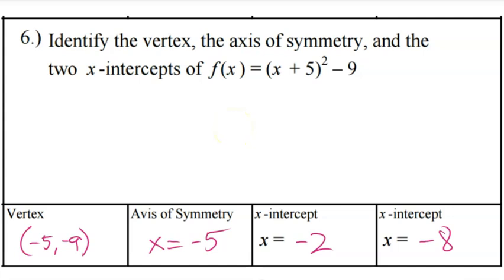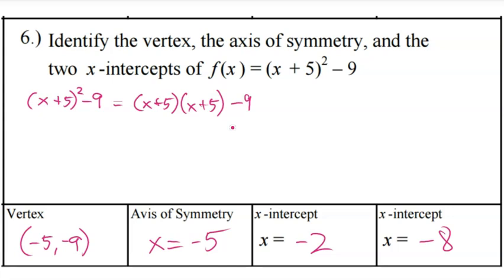Okay, now another way that we can do this is we can expand the vertex form. So we'll take our x plus 5 squared minus 9, and that's going to be equal to x plus 5 times x plus 5, and then it's minus 9.